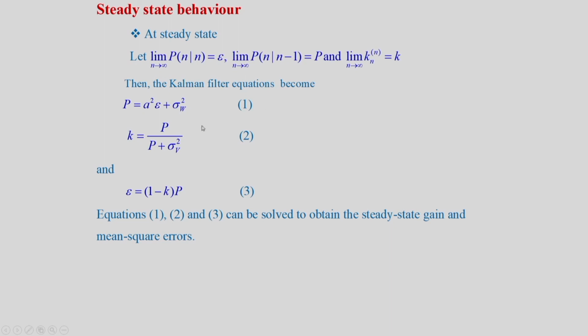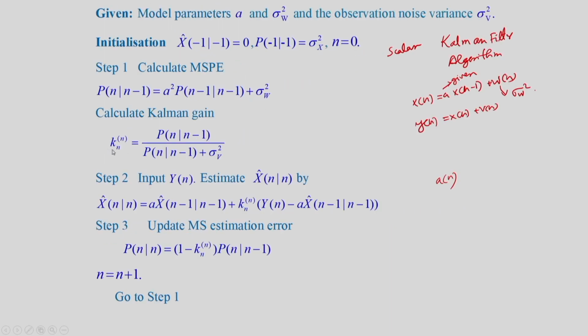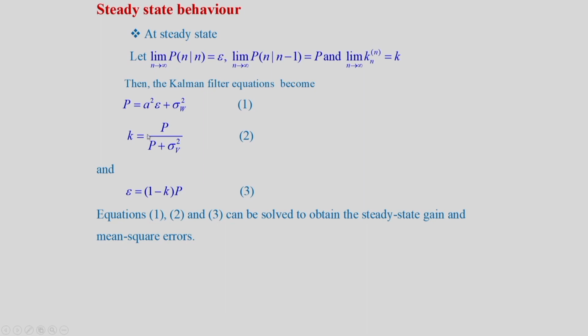Then the Kalman gain as n tends to infinity will be equal to K, and by our definition the numerator is P and the denominator is P plus sigma v square. So the second equation is K is equal to P by P plus sigma v square.